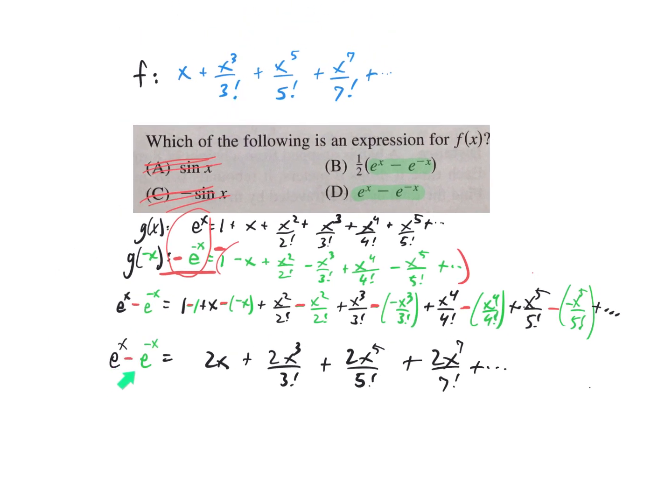So if e to the x minus e to the negative x, which is in both of these possible answers, is this series, to represent f, we'd have to multiply all of it by half. Because then we'll get x plus x cubed over 3 factorial plus x to the 5th over 5 factorial, etc. We'll get f. So it had to be choice B.